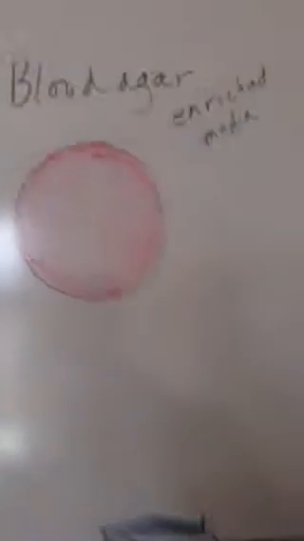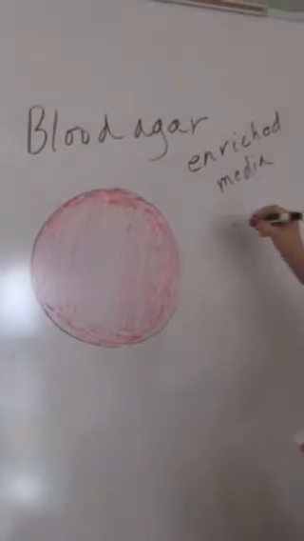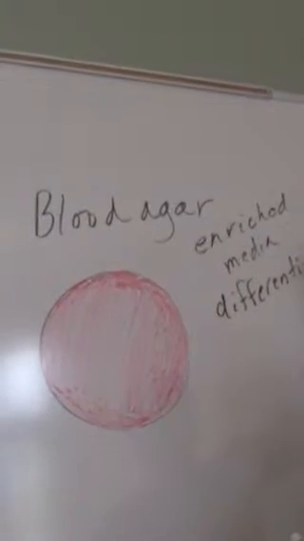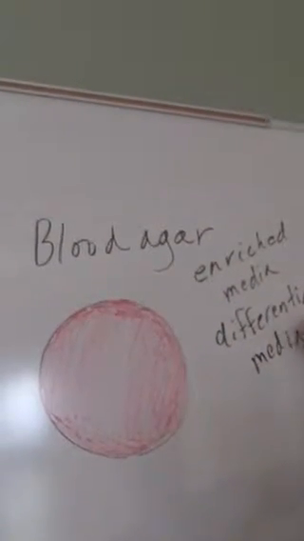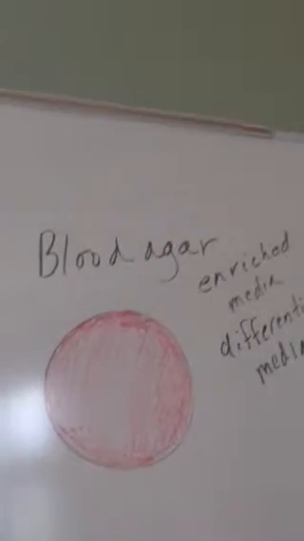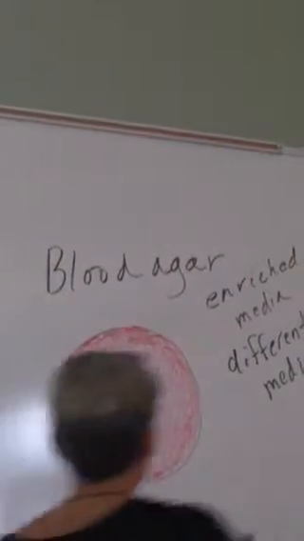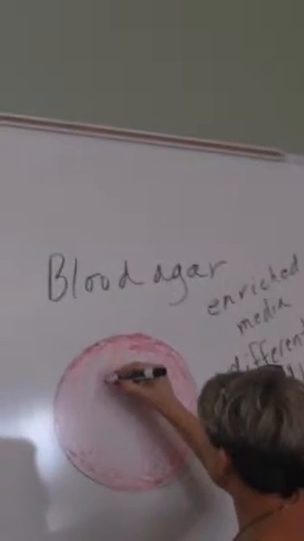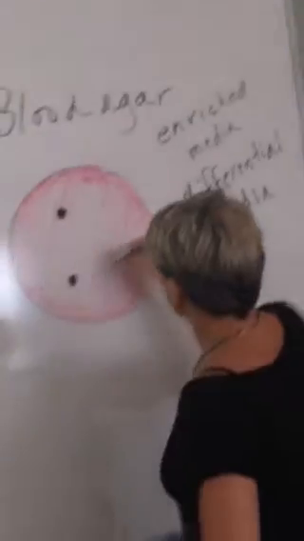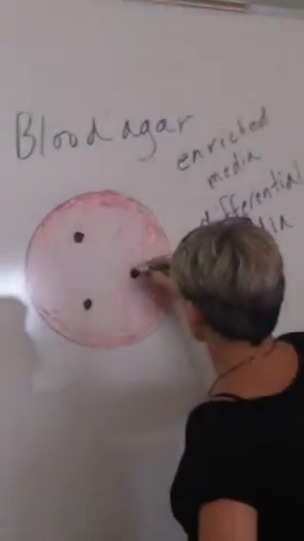Anyway, so let's say here's a plate of blood agar. I call it an enriched medium because it's enriched with blood. Your textbook calls it differential medium because it can be used to differentiate different types of Streptococcus. Let's say we have a colony of Streptococcus here, and here, and here.